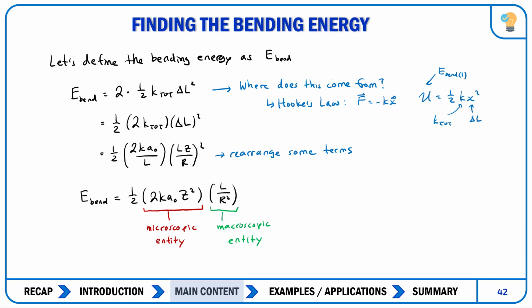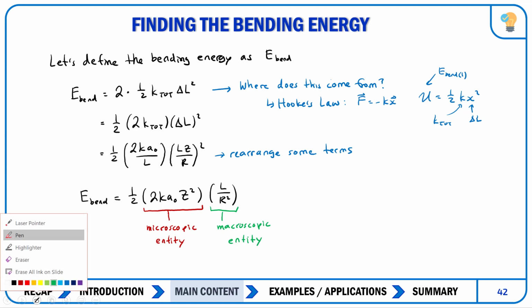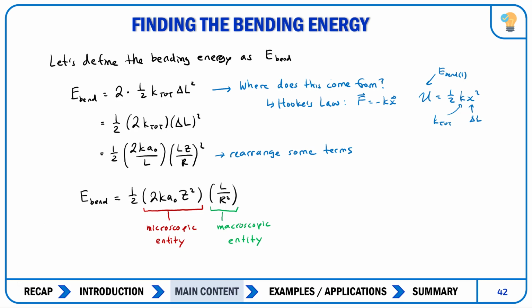It's because L and R were the ones that we measured macroscopically, whereas a naught and z were the small changes in distance related to individual portions of the entropic spring of DNA. So between the two of these, there is something else we have to mention, and that's part of the microscopic entity. This entire term here is also considered kappa B.